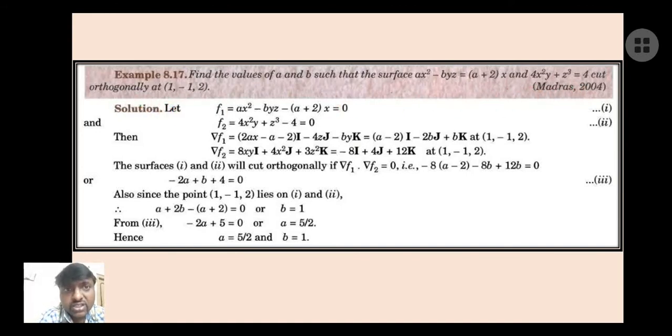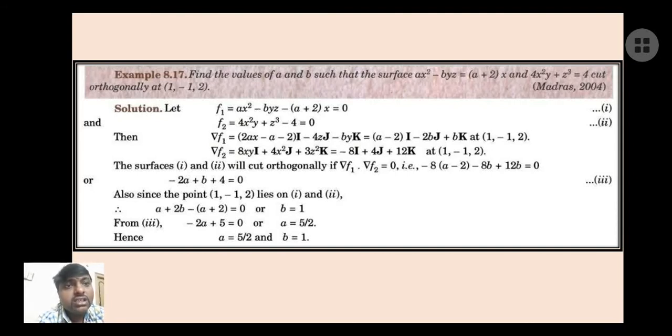The previous example and this one are also the same, but in this example they mention that the angle between the two surfaces at the point is 90 degrees, orthogonal in the sense 90 degrees. With the help of that one, we can calculate the unknown parameters a and b.